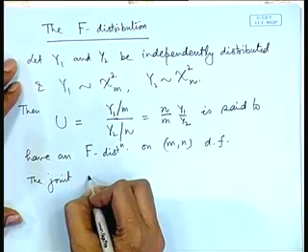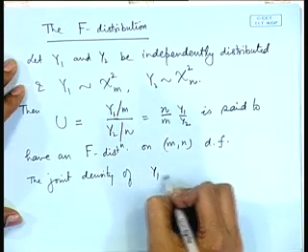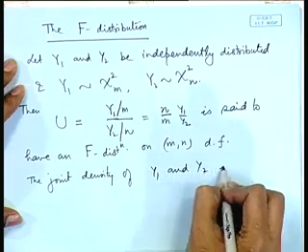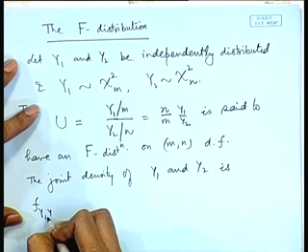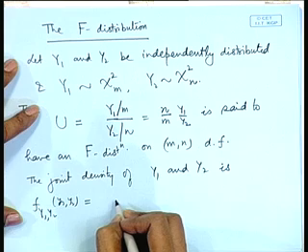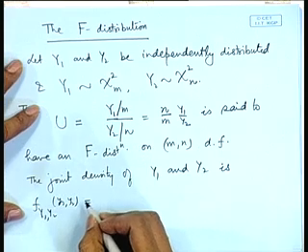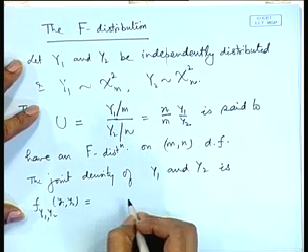The joint density of y1 and y2 is f of y1 y2. So, basically we multiply the individual densities of y1 and y2, which are chi-square densities on m and n degrees of freedom.